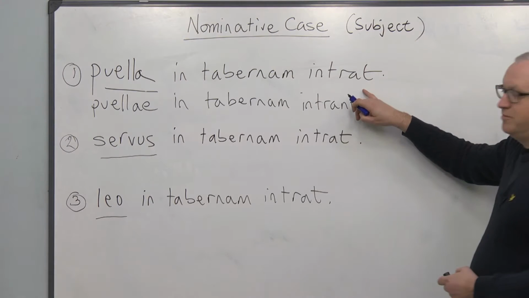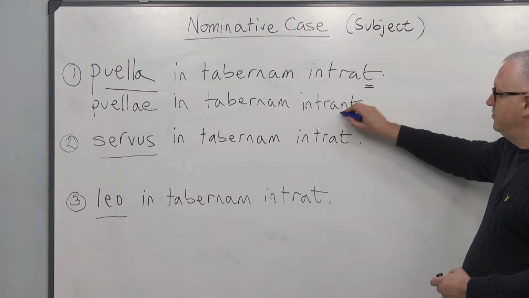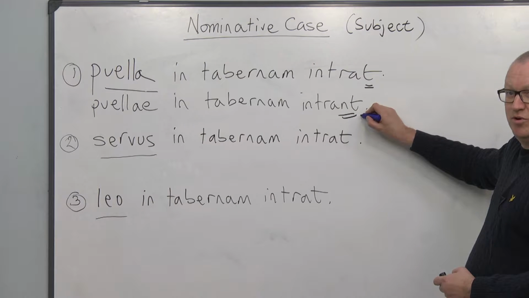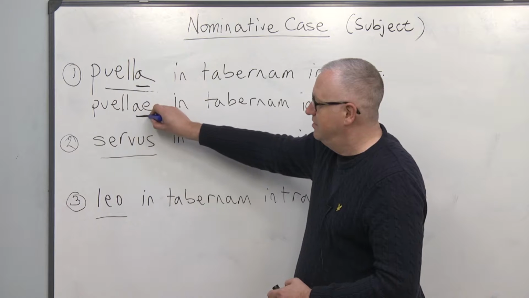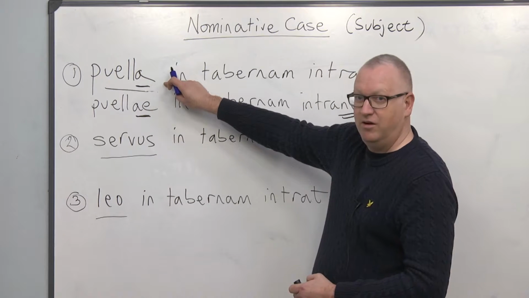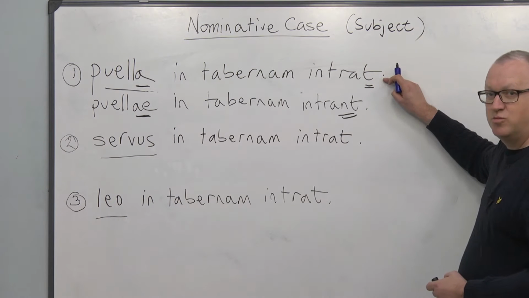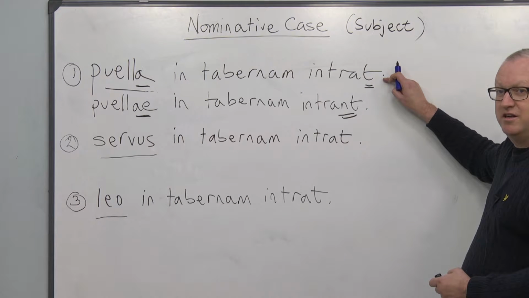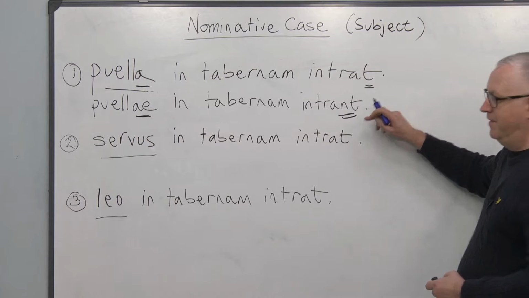And you see that the verb has changed as well from a letter T, singular, to NT to show that it's plural. So the ending of the noun changes to show whether it's singular, girl, plural, girls. And the verb changes as well to show that it's singular, goes in, plural, go in.